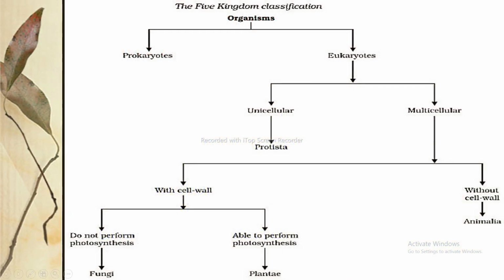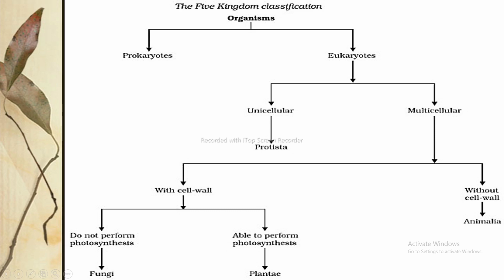So this is the five-kingdom classification. Organisms are divided into prokaryotes and eukaryotes. Eukaryotes are further divided into unicellular and multicellular. Unicellular are included in the Protista. Multicellular are further divided into with cell wall and without cell wall. Without cell wall are included in the kingdom Animalia.